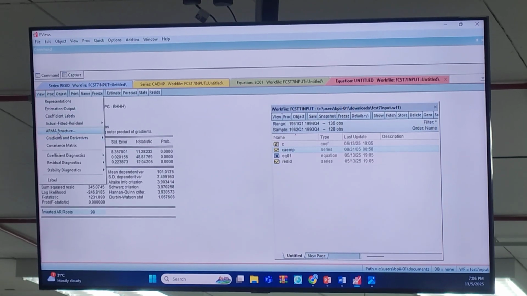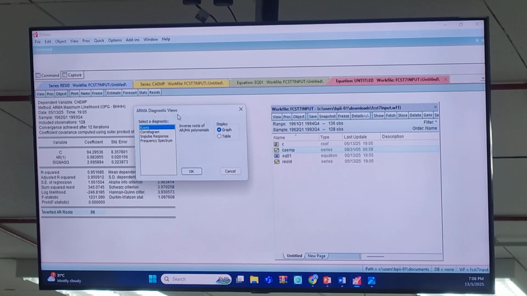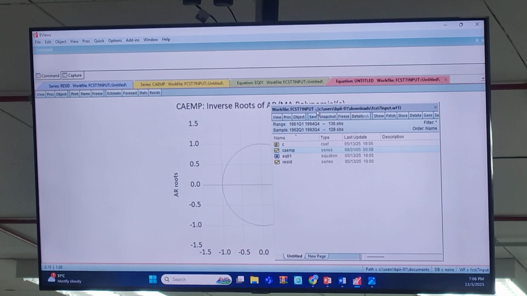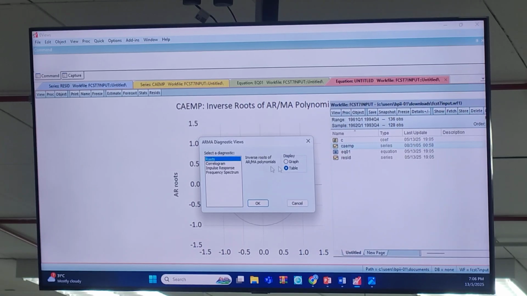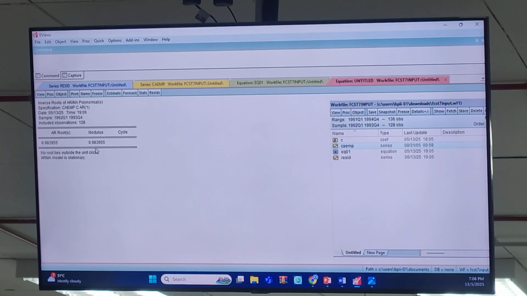So you go to ARMA structure, graph. It is inside the circle, very close, but you can see it is slightly inside. To get the value, you go to ARMA structure, check table. So this ARMA model is stationary.